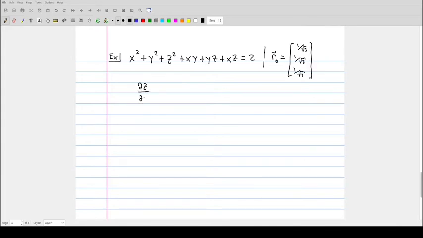So dz dx, and remember that this entire expression is that multivariable function that we're talking about. We're talking about the level surface of this multivariable function set equal to 2.